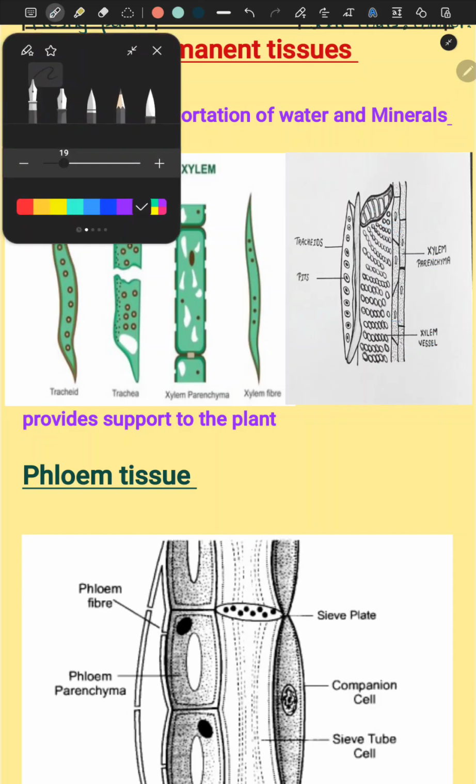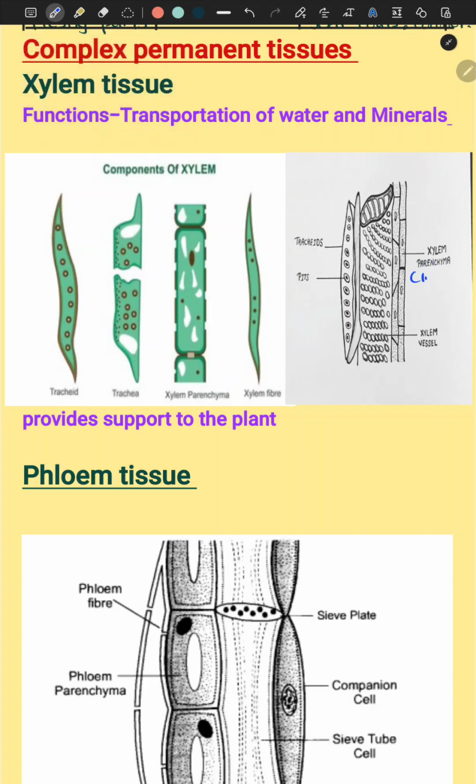In here, the xylem parenchyma is a living cell, and the xylem vessel is a non-living cell type because it has a lignified cell wall, and the tracheids are also non-living cells, and the fibers are also non-living. It consists of 3 non-living cells and 1 living cell.